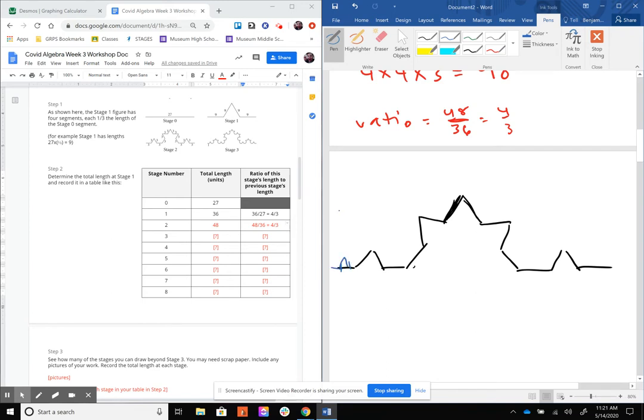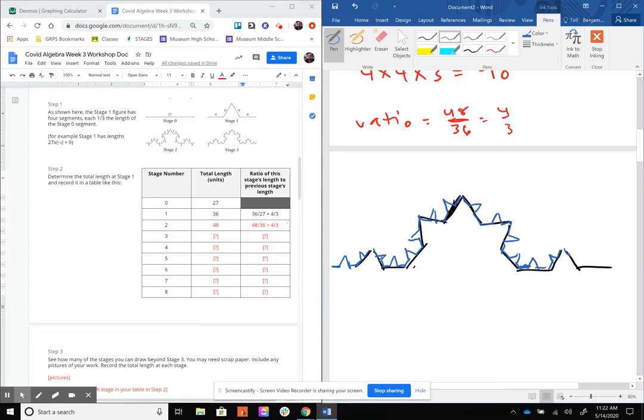So they're each going to become thirds of 3, which gives us lengths of 1. It doesn't have to be anything beautiful, just to get the visual.